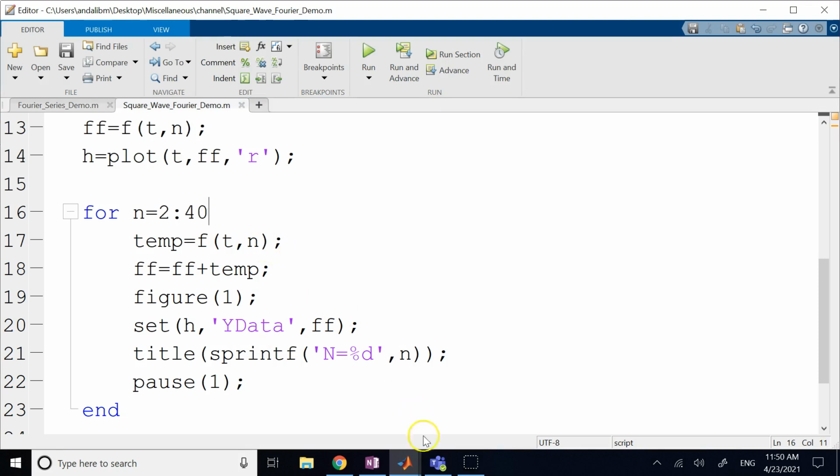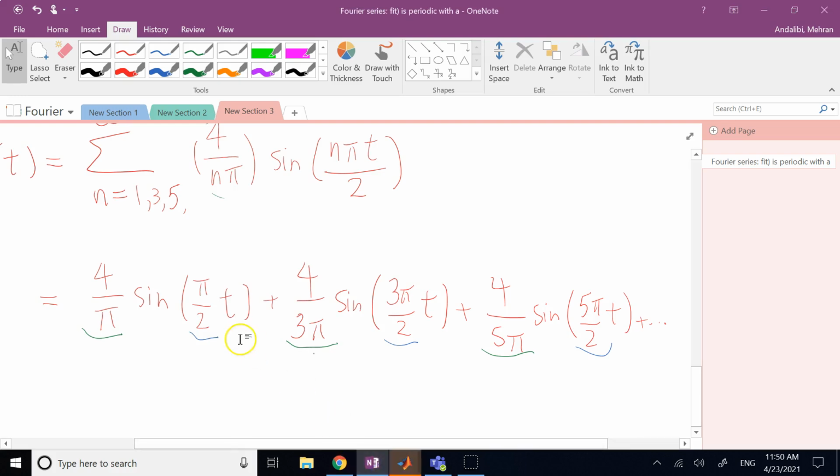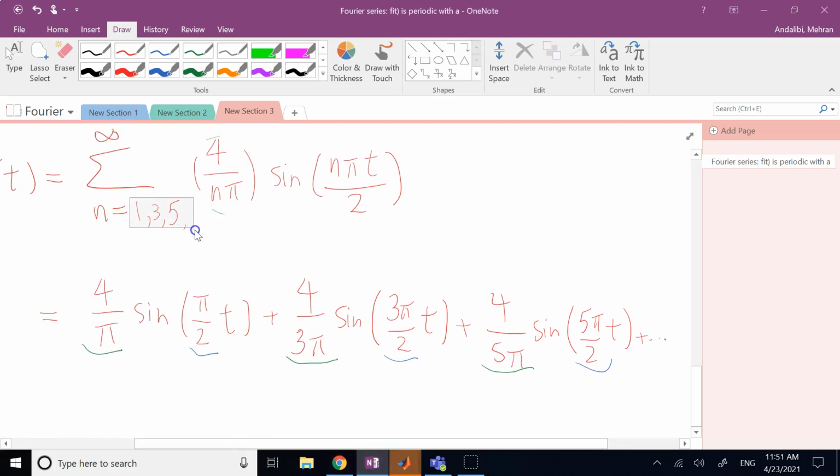Okay, so that's one. The other thing: if you saw here, only every 2 terms when you jump, it shows a change. Look, 5, 6, 7 changes, 8 doesn't change, 9 changes, 10 doesn't, 11 changes, 12 doesn't, 13 does, 14 doesn't, 15 does, and so on. Why? Because if you remember, we said that really it's only the odd terms that make a contribution.